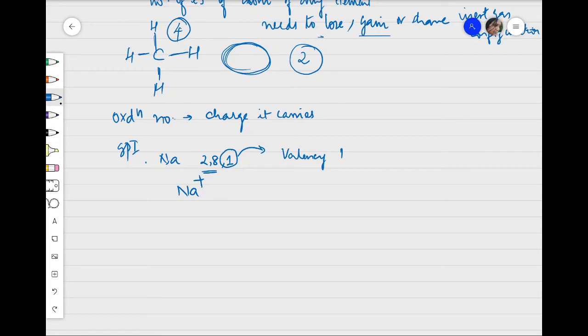So in this case the valency and oxidation number are the same. So it is +1. We say the charge it carries is the oxidation number, and it is +1.